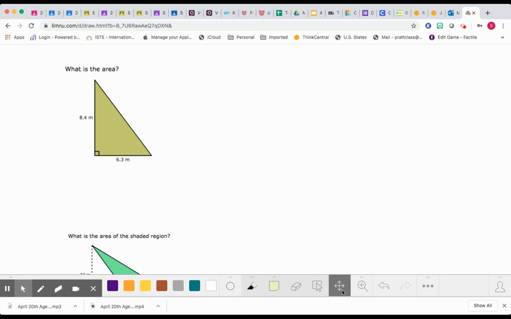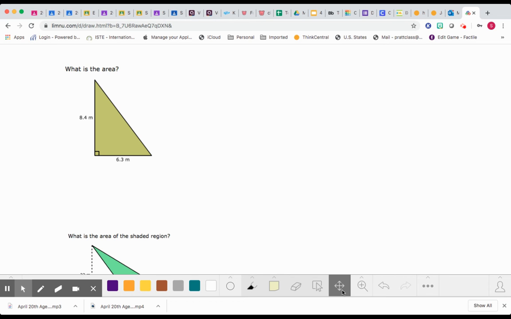So first, let's do this one again, because this is decimal. Okay, so in IXL, you're going to find some of the triangles are going to have fractions in it. You're going to have to multiply fractions. Some are going to have decimals. So we're kind of going back and reviewing what we've already learned in our previous topics.